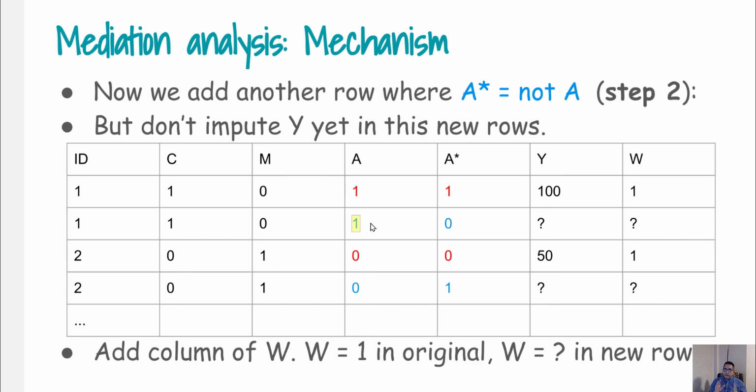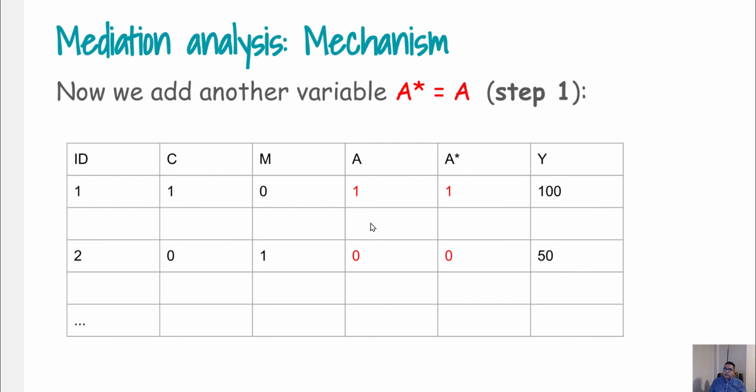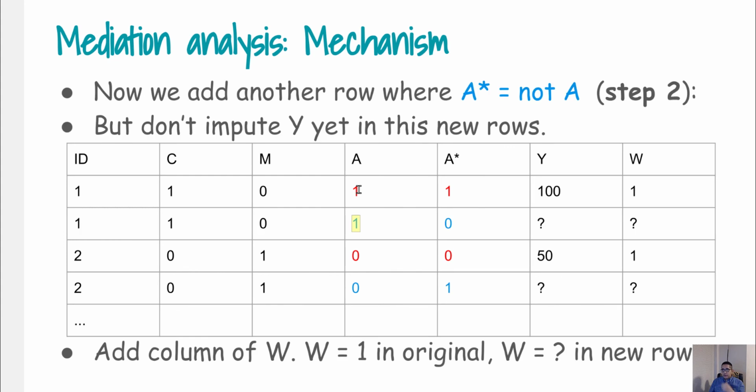So remember the difference between step 1 and step 2. In step 1, we are creating one more variable, A star, which is a copy of our original variable. And in step 2, we are duplicating the same person's data, but the only change is that our A star values are going to be the opposite of the original A value.